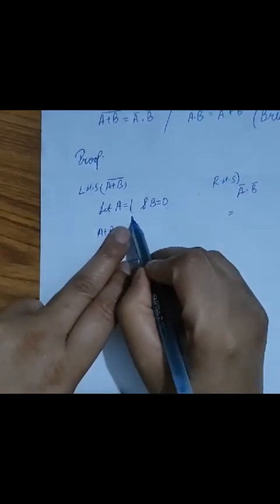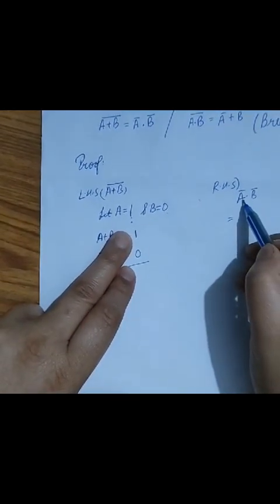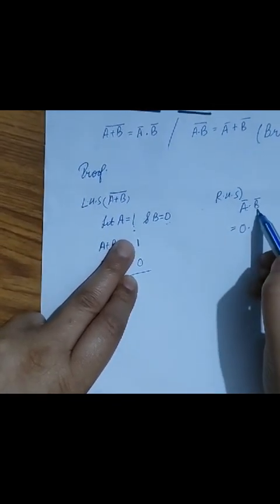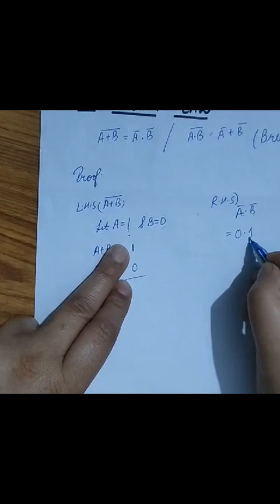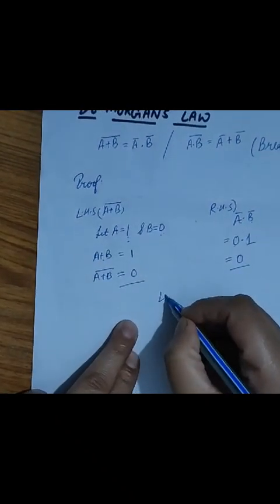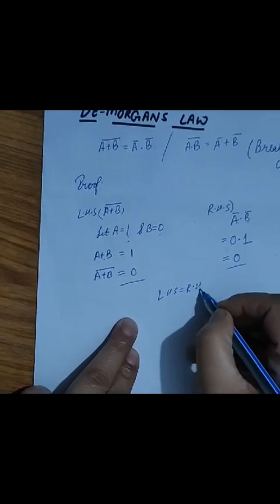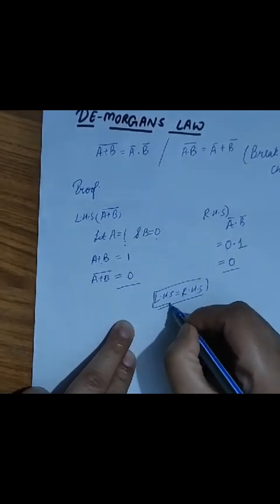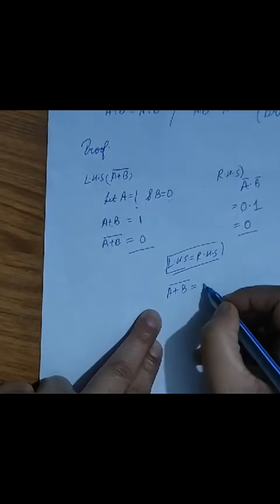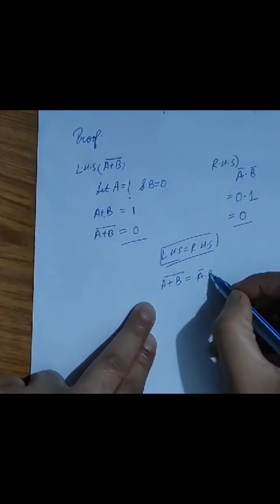Since A is 1, A bar, that is the inverse of A, will be 0, and B is 0, so the inverse of B, that is B bar, will be 1. So 0.1 will be 0. Hence LHS is equal to RHS, proved, and the expression (A plus B) bar equals A bar dot B bar is verified.